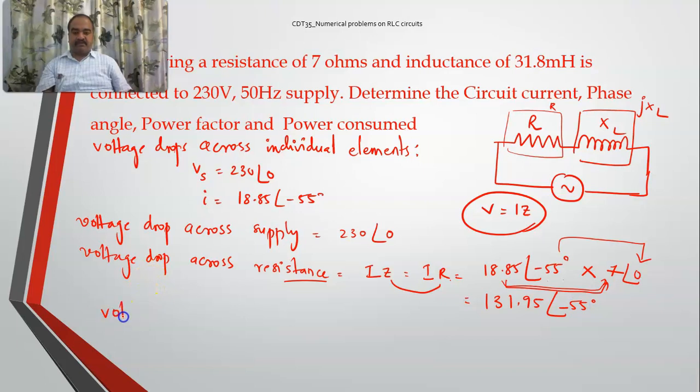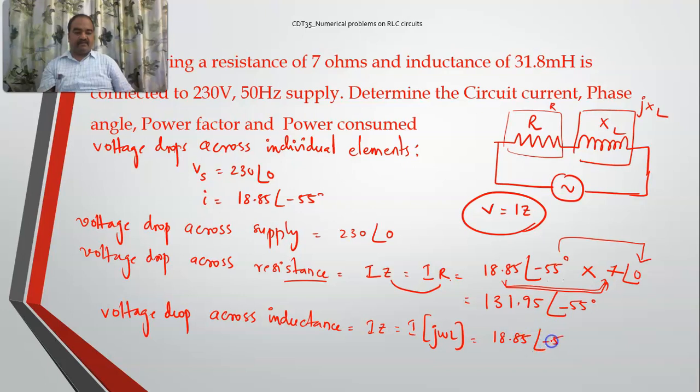Now if I want the voltage drop across inductance, it is again I into Z, but in this case it is j omega L. So it is 18.85 at an angle of minus 55. J means 1 at an angle of 90. Try to remember this one.